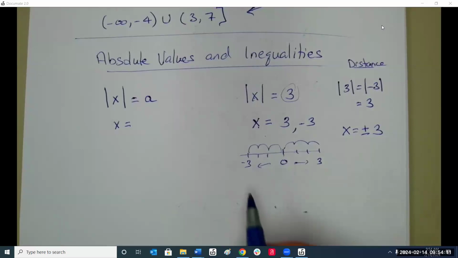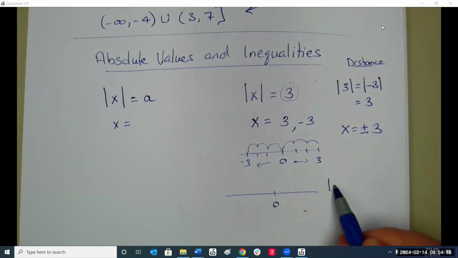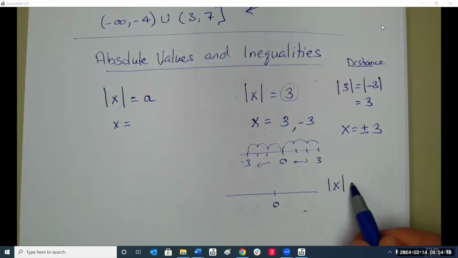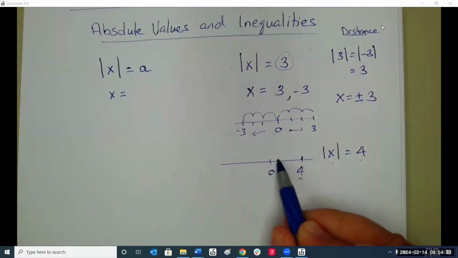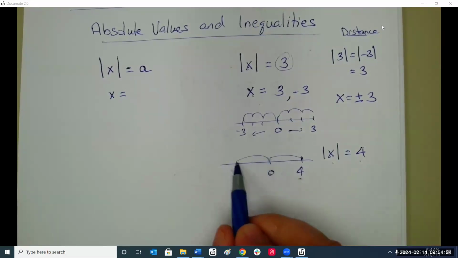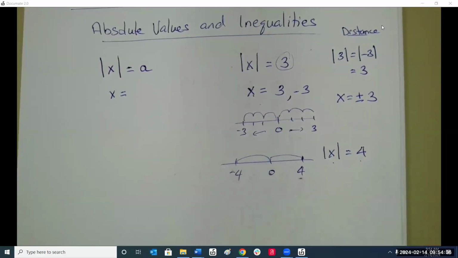Or I could give it to you this way. What number is 4 units away from 0? That's really what it's saying. What number is 4 units away from 0? This is 4 away, and that's 4 away.